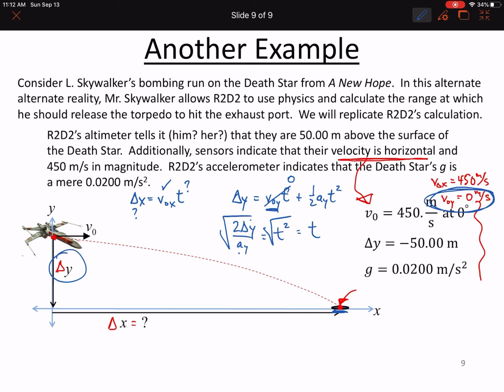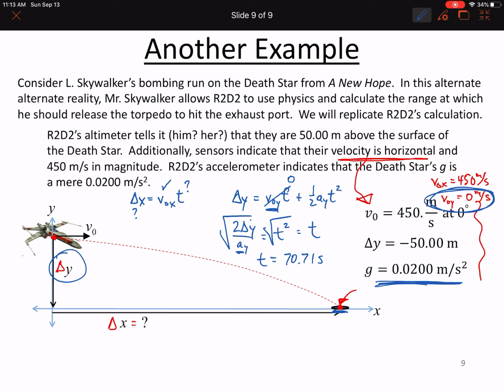The other thing is that now that we're on a different planet, quote unquote, and you're used to maybe plugging in downward 9.8 meters per second squared for the acceleration, well, remember, we're somewhere else in an alternate reality, and so we need to put in the appropriate value of g when we plug and chug here. If you do that, what you should come out to is a time of 70.71 seconds. I'm keeping some precision here so that we don't round too much before going to a final answer.